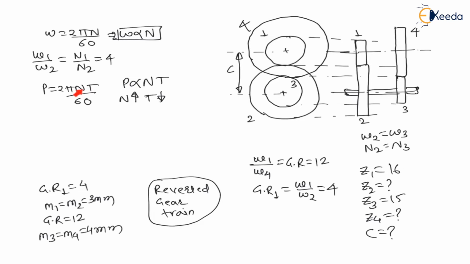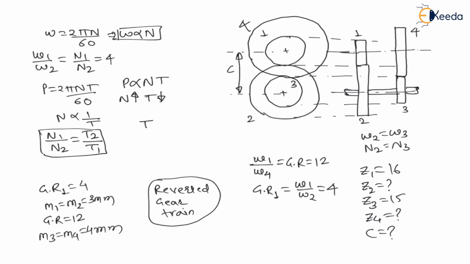As speed increases, torque is decreasing, right? Therefore N and T are inversely proportional. Therefore, instead of N1 divided by N2, we can write T2 divided by T1, where T1 and T2 are the torques of gear 1 and gear 2, right?